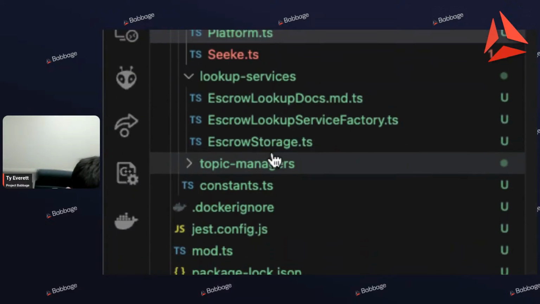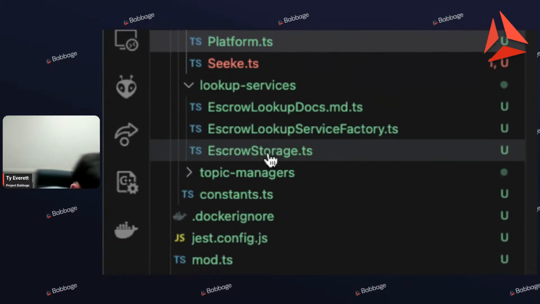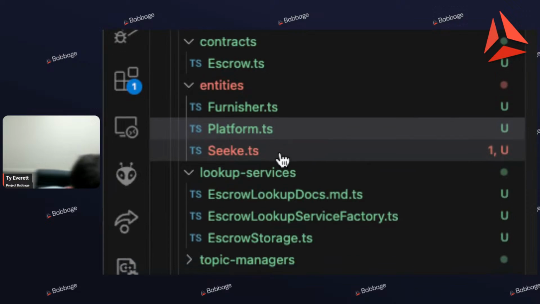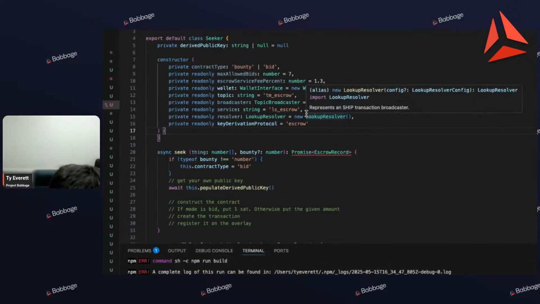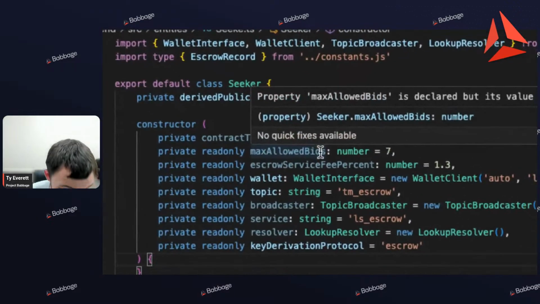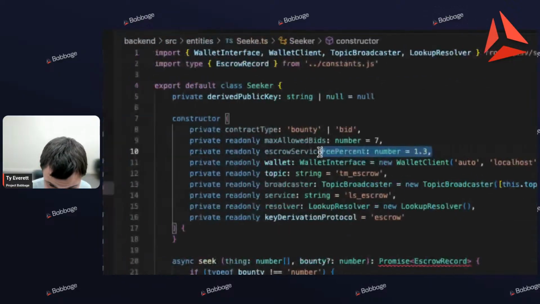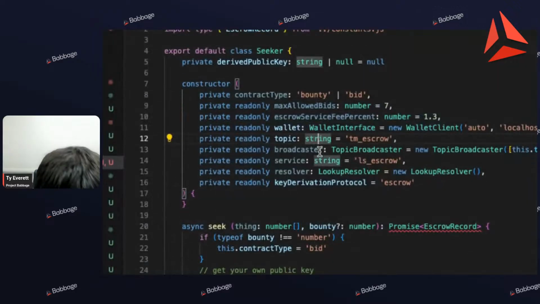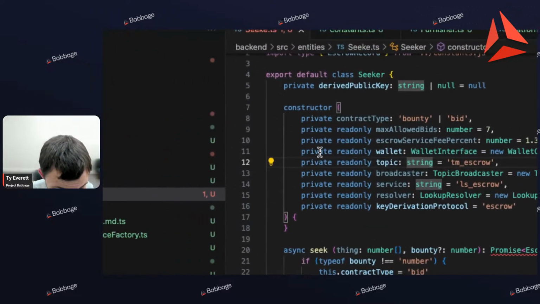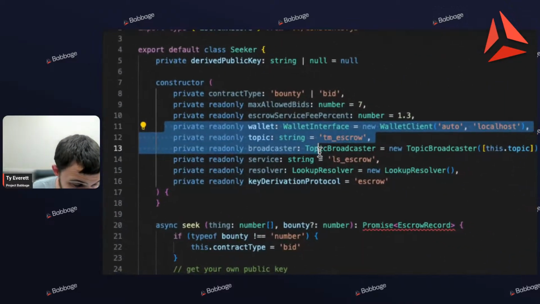From the perspective of a seeker, a person who wants to have some product or service given to them, and they're willing to pay for it. The seeker cares about all of the contract configuration parameters, what wallet they have, who they are, and how they're going to interact.